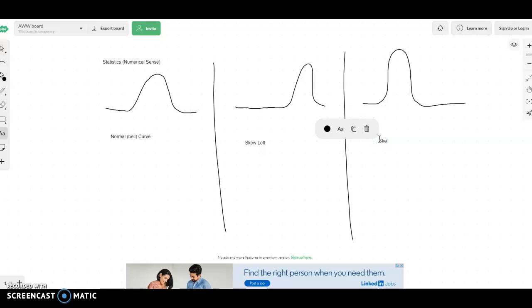This one over here obviously is the opposite. This one is skew right. So what that means is our outliers are pulling the data to the left there, and then on the skew right, the outliers are pulling the data to the right side. With a normal curve, we don't have outliers. The majority of our data is in the middle. So with that being said, the mean and the median are close together in the center.